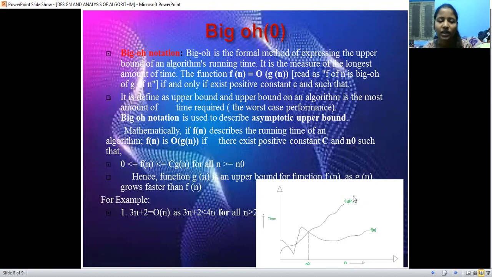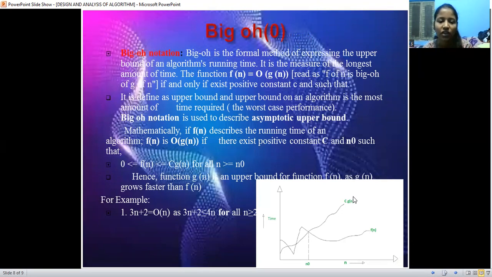If f of n describes the running time of an algorithm, f of n is O of g of n if there exist positive constants c and n naught such that 0 is less than or equal to f of n, which is less than or equal to c times g of n, for all n greater than or equal to n naught.